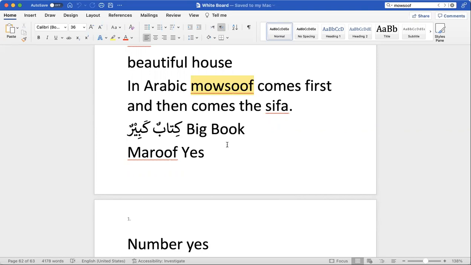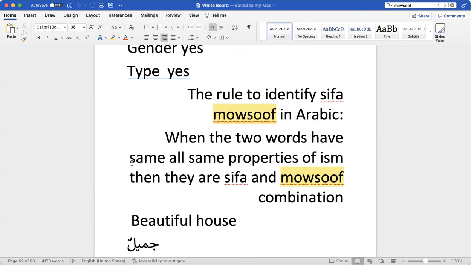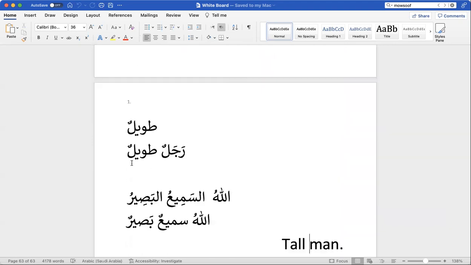The first word becomes mawsoof and the second is sifa. When you translate, you start from the sifa and end with mawsoof. Kitabun kabirun was the example. All four properties of these two words are the same, so you will say kabirun kitab, a big book. Today inshallah I'll teach you more examples.